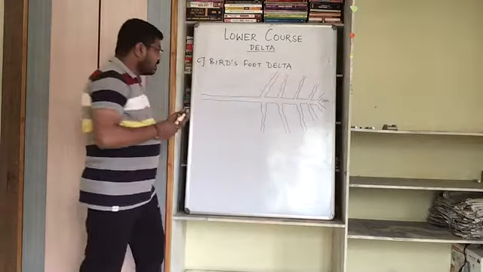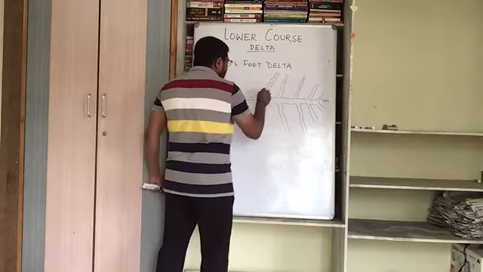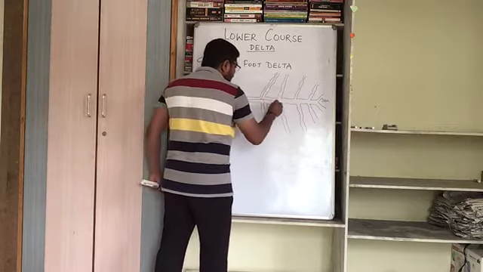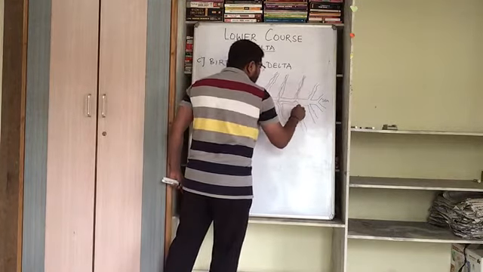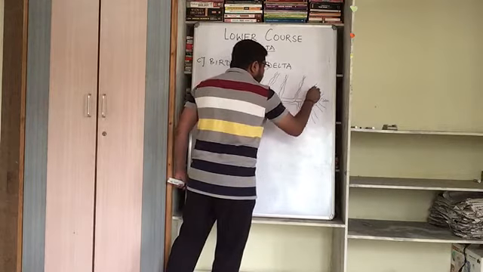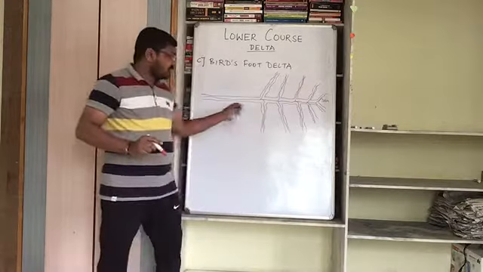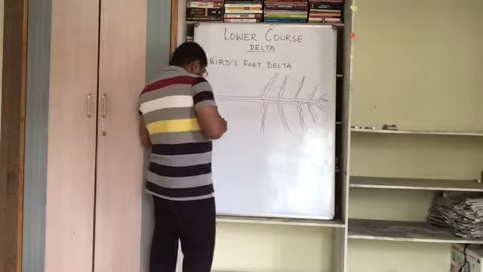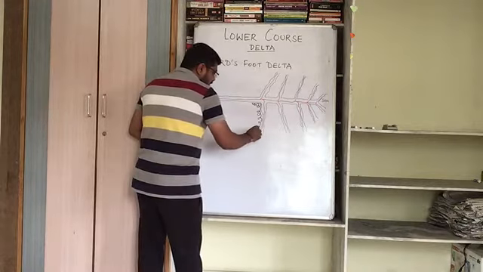Now see what is happening. The sediments are deposited and the river is flowing into a lot of distributaries, and the sediments are also flowing along the distributary. So a lot of sediments are flowing across the distributary, and a lot of sediments are deposited this side.